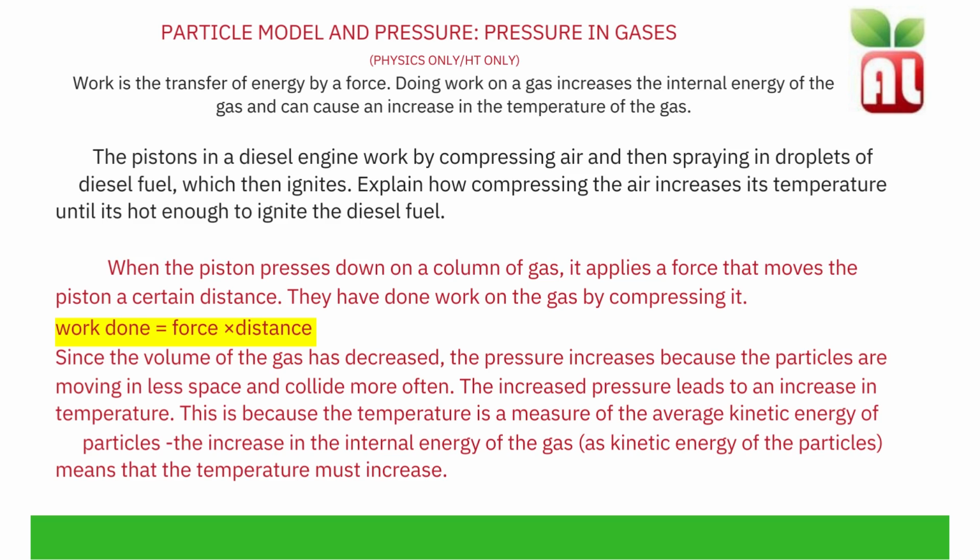As work done equals force times distance, since the volume of the gas has decreased, the pressure has increased because the particles are moving in less space and collide more often. The increased pressure leads to an increase in temperature. This is because the temperature is a measure of the average kinetic energy of the particles, the increase in internal energy of the gas. This means that the temperature must increase.